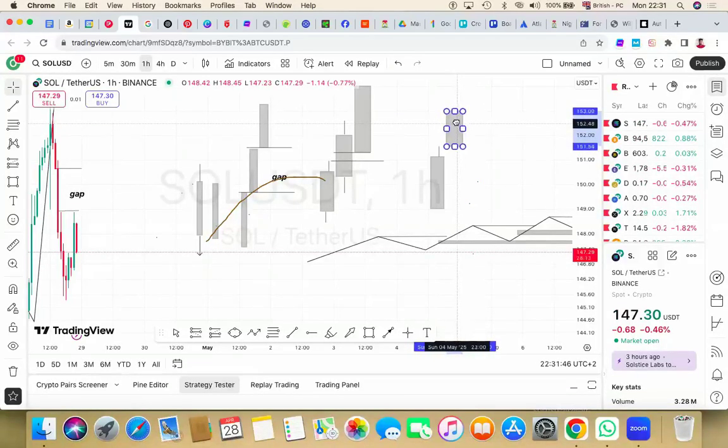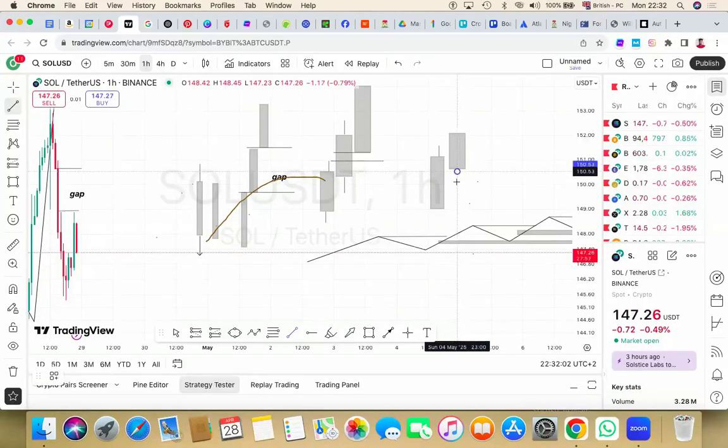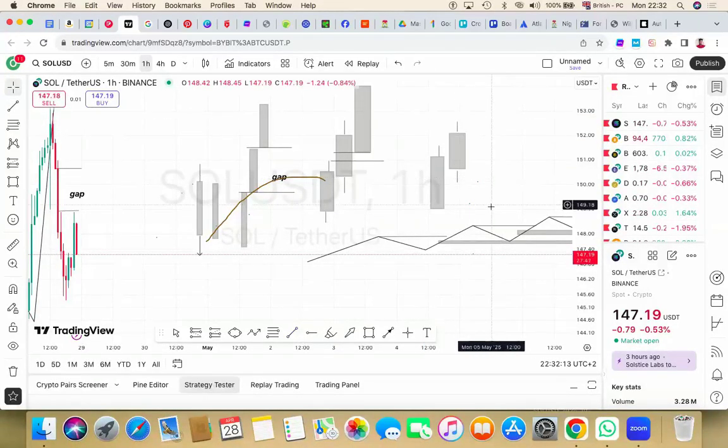But the essence is you would always see a gap between the first candle and the last candle. There will always be a gap. And then you see something like this. And then you see something of such a big Marabozu candle upside, maybe without the wick. It can also be having a wick or not.